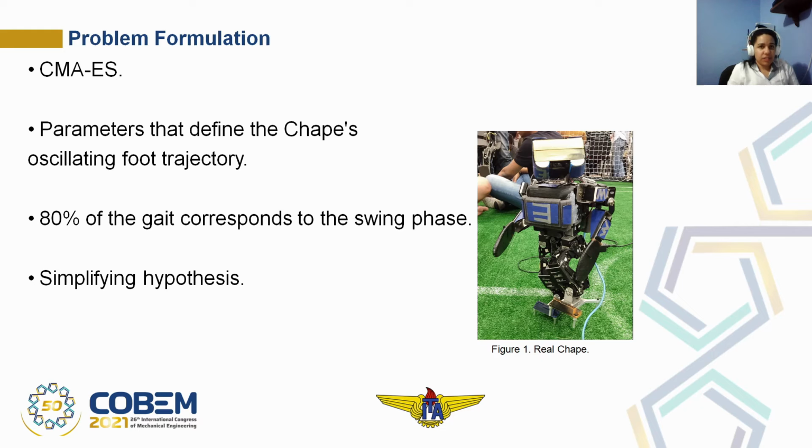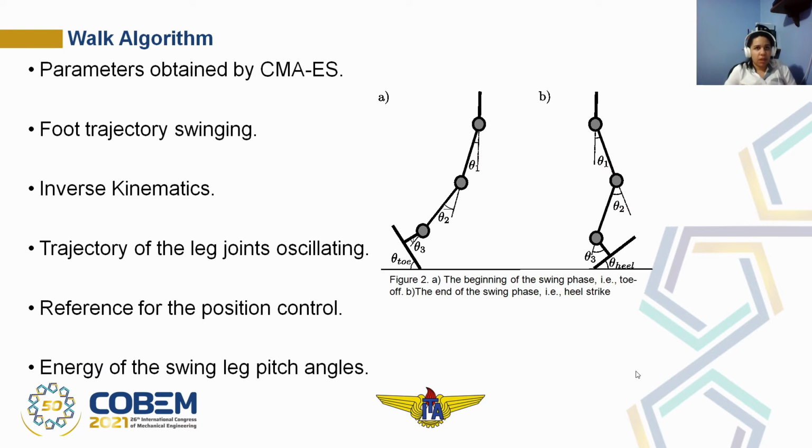Therefore, we use simplified hypotheses for the model. We consider only the swing leg in the sagittal plane. We consider the body fixed. We consider the simulation time corresponds to the swing phase time. We implement our walk algorithm following the steps below. With the parameters obtained by CMA-ES, we find the swing foot trajectory.